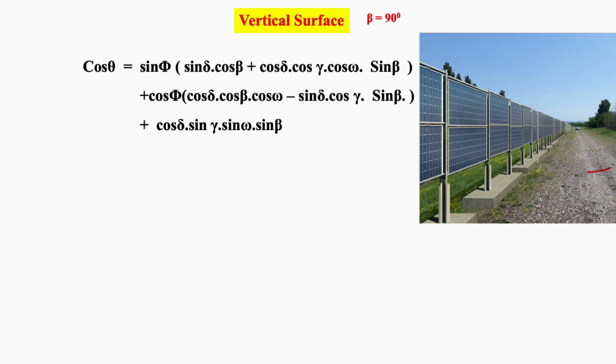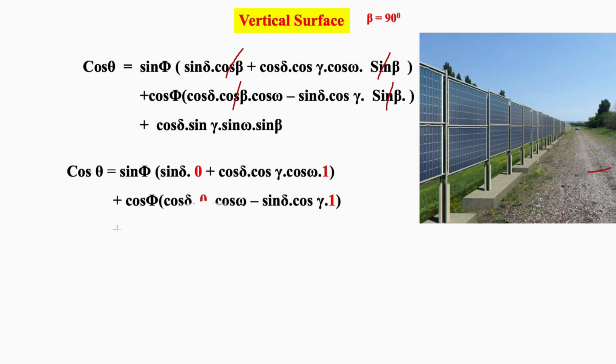If you place the value of beta in the equation, here is the cos beta at two places. If you place the value of beta here, this term becomes 0, and the terms of sin beta, if you place the value, will become 1, and the new equation will be like this.